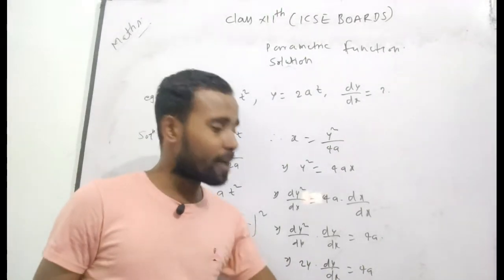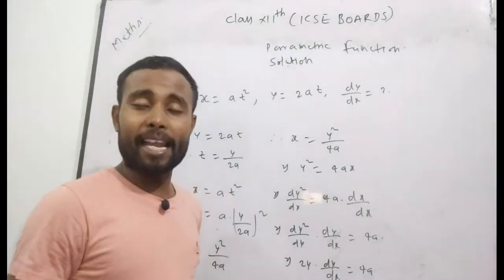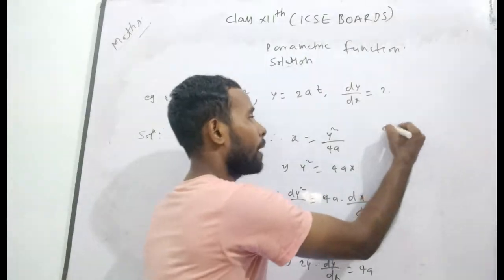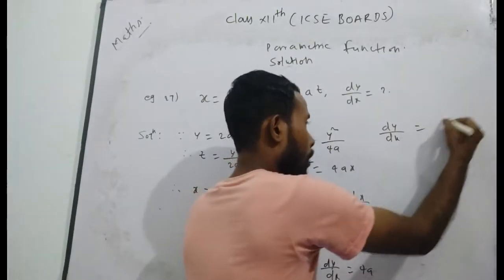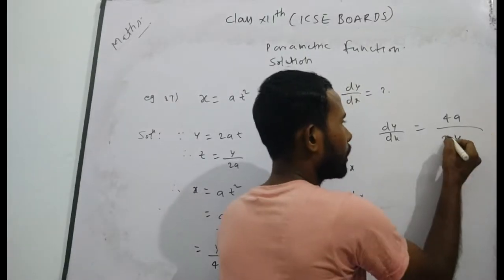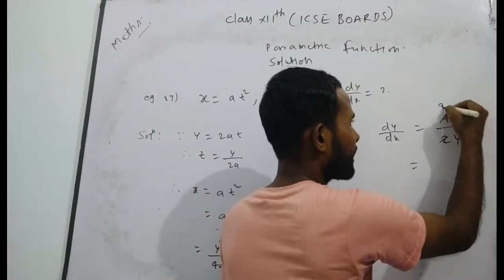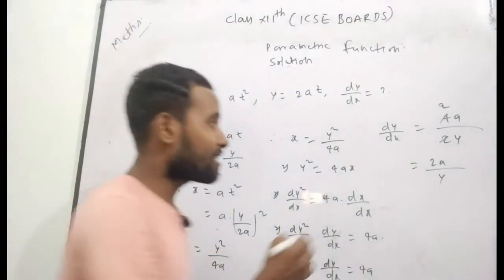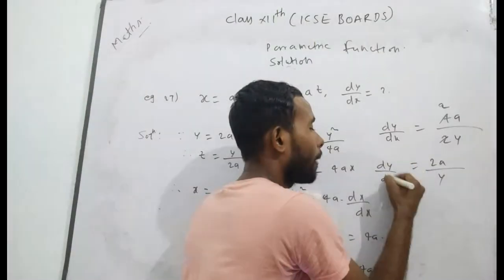If there are also terms in RHS, try to get them in LHS. That will be very helpful for you. Now dy/dx will be 4a divided by 2y, that means 2a divided by y. This is your dy/dx.